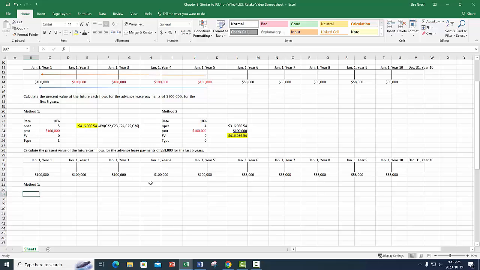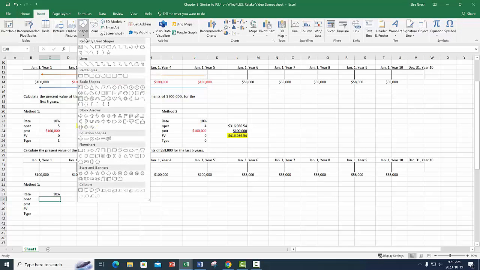With method one, again, I want to do the rate and all the rest of it, so I'm just going to copy that down. Rate is still going to be 10%. The number of periods, I want to think very carefully about this. I'm going to insert an arrow.